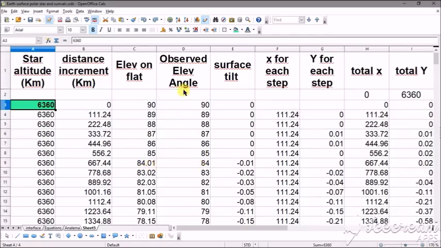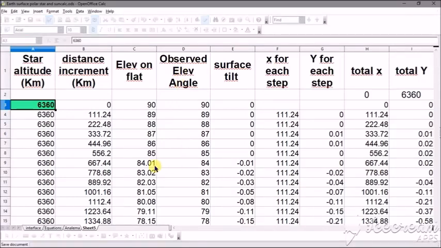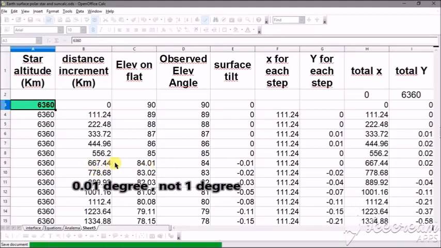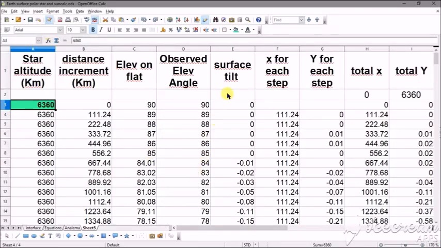This here is the observed elevation angle that we can observe practically. So here's 1 degree difference after 660 kilometers. This is the observed angle, and this is the surface tilt. There should be some tilt for the surface in order to make this elevation angle change from 84.01 to 84.